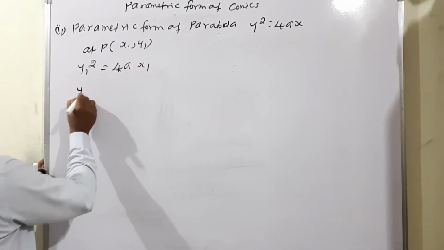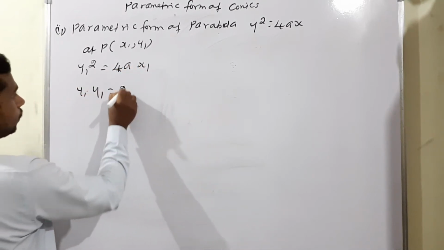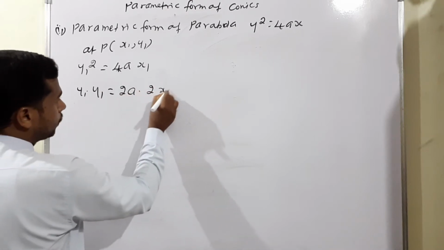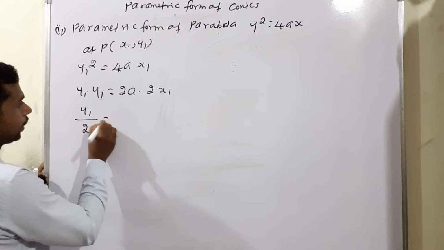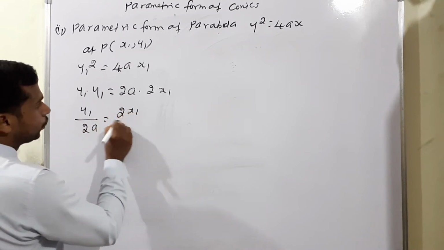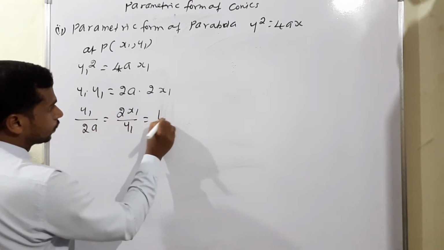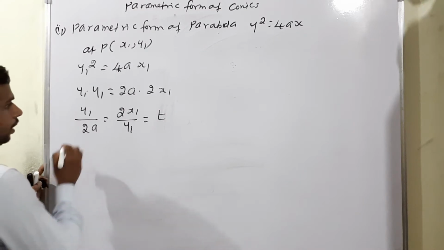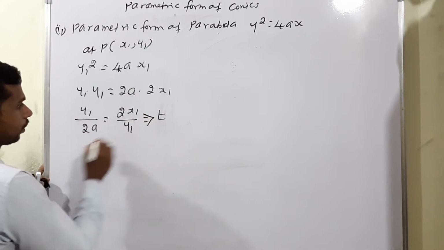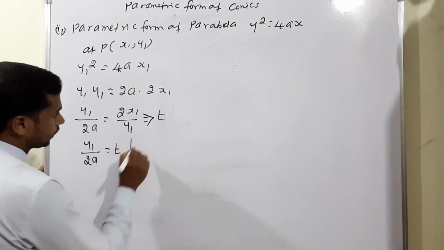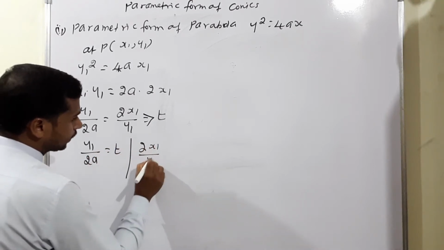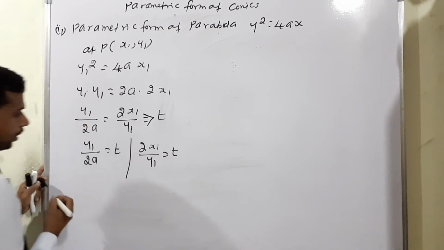We have to split it, y1 into y1 is equal to 2a into 2x1. Therefore y1 divided by 2a is equal to 2x1 divided by y1. This whole term we consider for t. So y1 divided by 2a is equal to t. Second condition, 2x1 divided by y1 is equal to t.